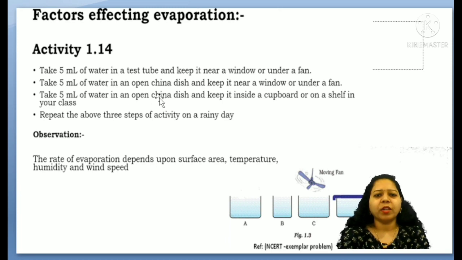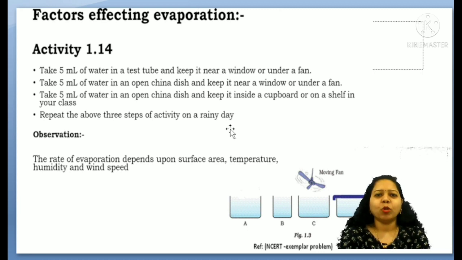Take 5 ml of water in an open china dish and keep it near a window or under a fan. Now what we are doing, we are taking that same amount of water in a china dish whose surface is bigger as compared to the test tube, and we are keeping that same under the fan. Take 5 ml of water in an open china dish and keep it inside a cupboard or on a shelf in your class. Repeat those 3 steps of the activity on rainy days.